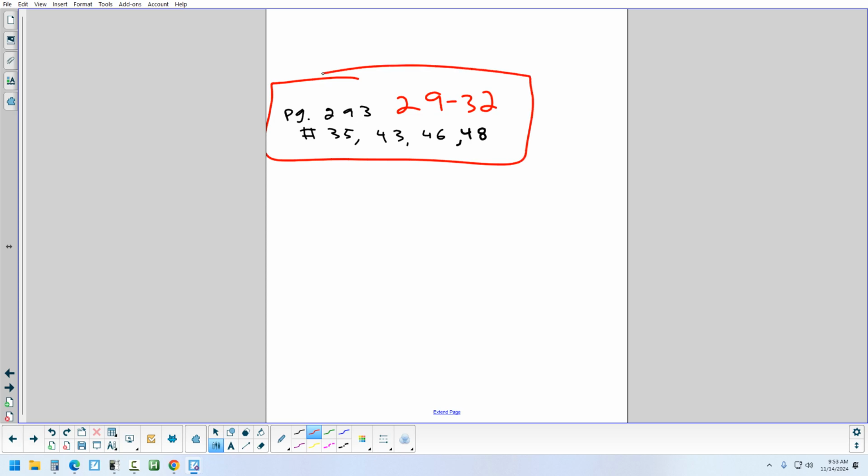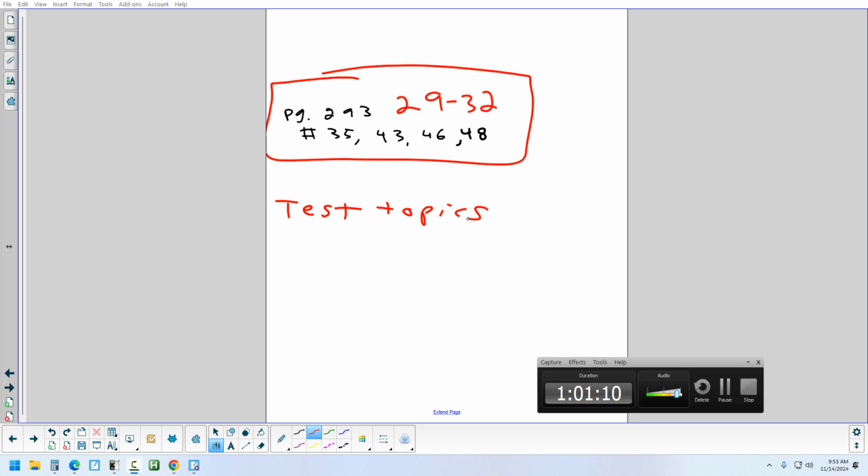So the homework is page 293, 29 to 32, and then 35, 43, 46, and 48. Okay, and don't worry if a problem says determine if a power model fits, we're not determining, we should just do it. Just find the power model. Okay, and I will put the test topics on the board in just a minute.